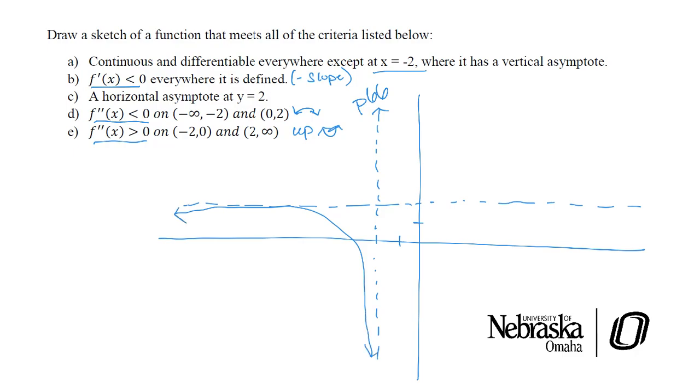And then we are concave down also from 0 to 2, and it's concave up from negative 2 to 0. So our graph looks like something like this, and then it goes concave down, and then it goes concave up. Okay, so that's kind of a guess. Again, this is not going to be exact, and in MyMathLab, you're going to be using a process of elimination to figure this out.